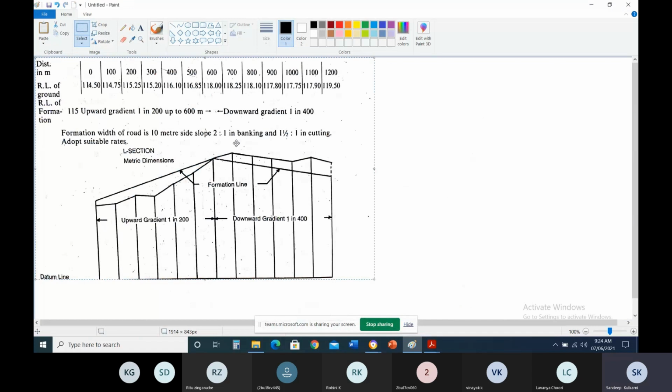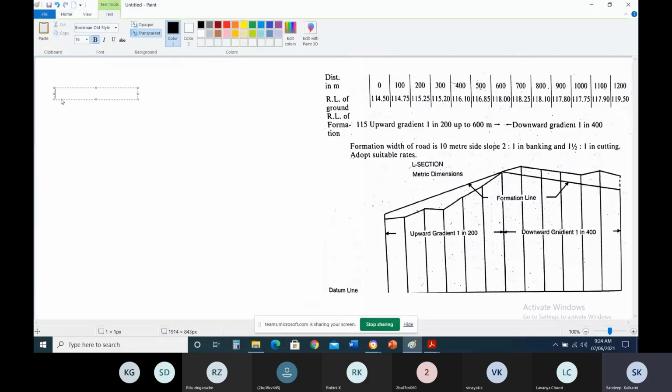Now I'll show you how to calculate the first formation level. For the first 600 meters the gradient is 1 in 200 and upward. So how do we calculate the formation level, RL of FL?